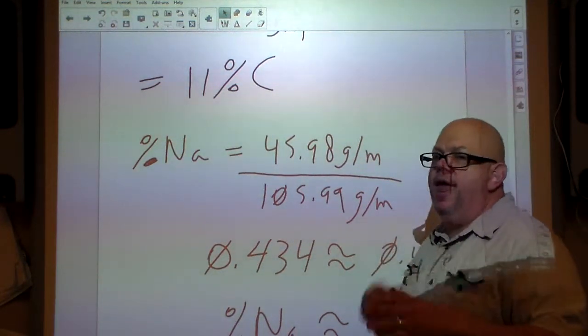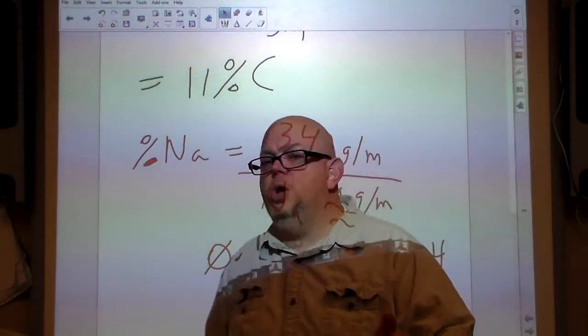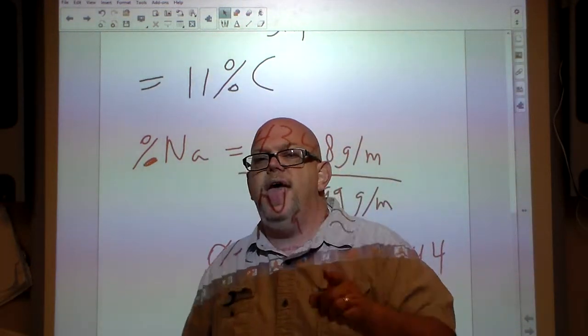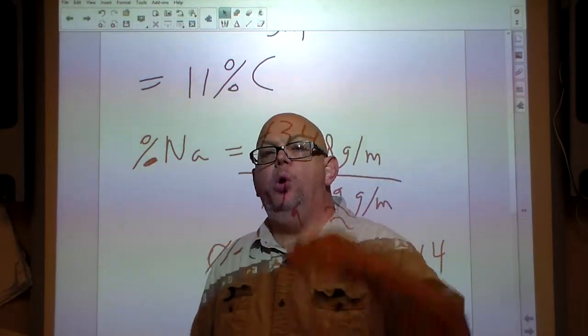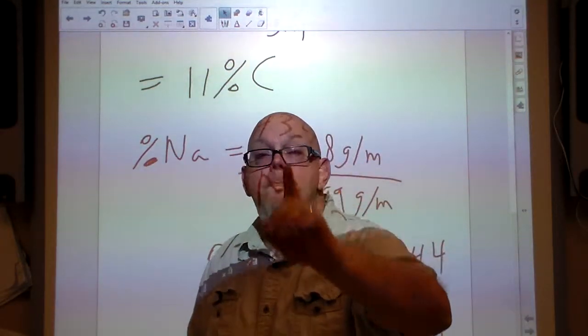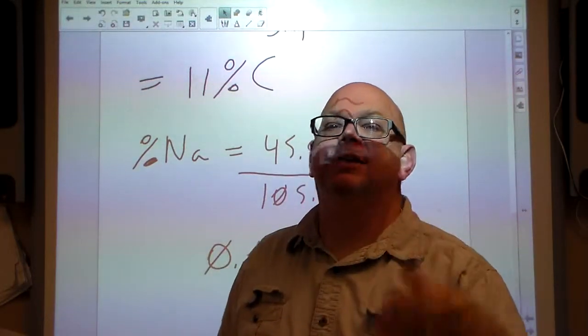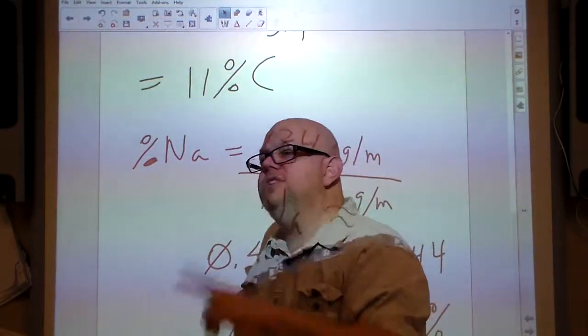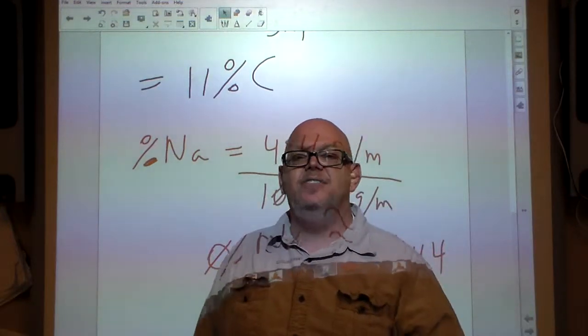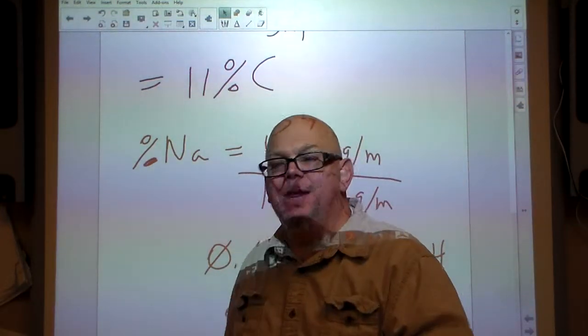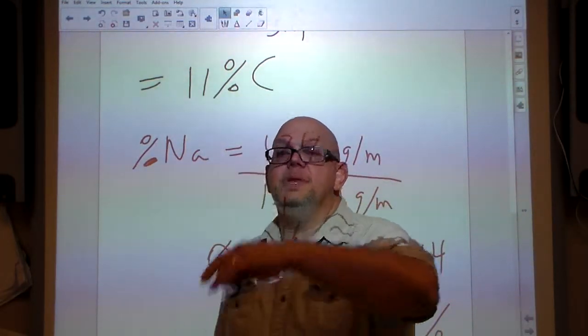You're not always going to have all the percentages add up to 100. The reason is that the grams per mole of the individual elements are averages. They're not exact, because not all oxygen atoms weigh exactly the same, which is also true for the sodium atoms, the carbon atoms, and so on.